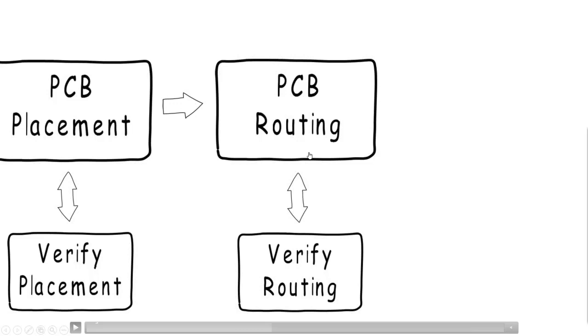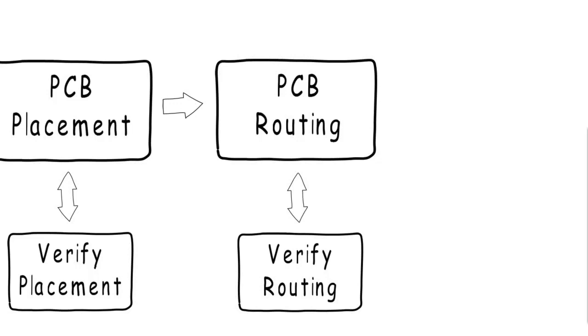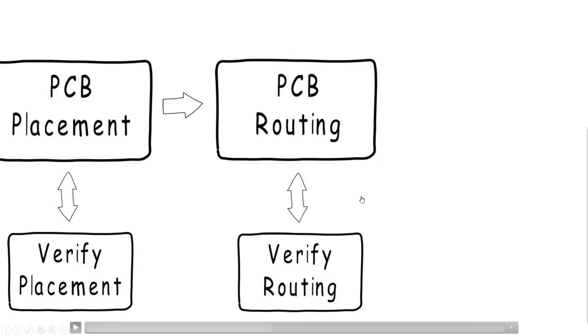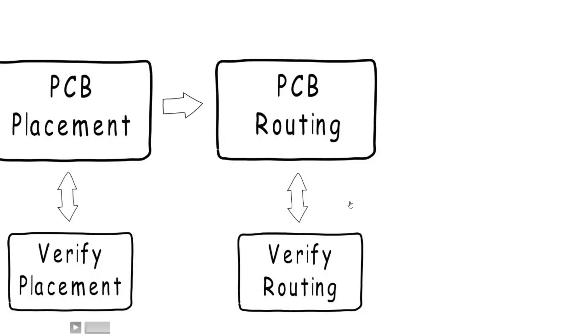And when you move on to the next phase, you won't have to rip up anything that you've done in order to fix the problems that are found later on. So again, even at the routing phase, you can verify the design based on that set of rules. Another thing I should note is as you go through this process, you don't have to use all of the design rules that these manufacturing tools are capable of checking your design for.